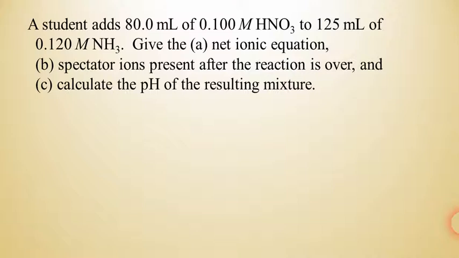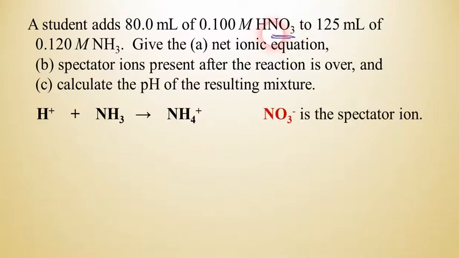Well, when we realize that we're adding a strong acid, we should write that as H+, and then the weak base ammonia is just NH3, so we're going to combine it just like we did in the other example. Now part B, the spectator ions, hopefully we can see that the nitrate, NO3, is going to be the spectator ion in here.